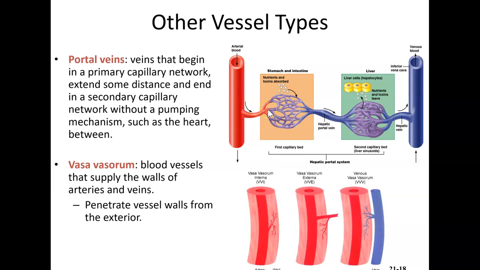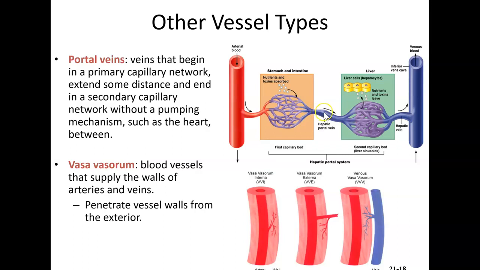And that capillary network here, the first capillary bed, is where we are going to give off the oxygen to the tissues, but we are picking up all those nutrients and possible toxins that we have taken in from the food and drinks that we intake. So then we move that back into the capillary bed, and so now we can call this oxygen poor or deoxygenated blood, but it's nutrient rich blood.